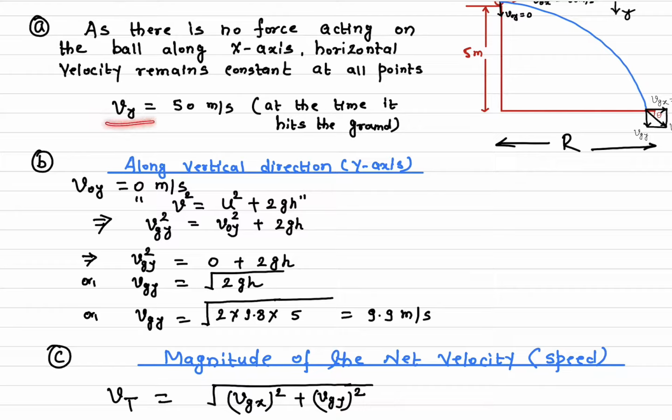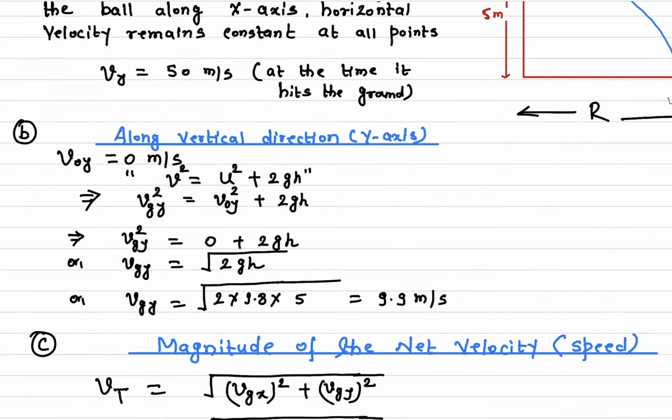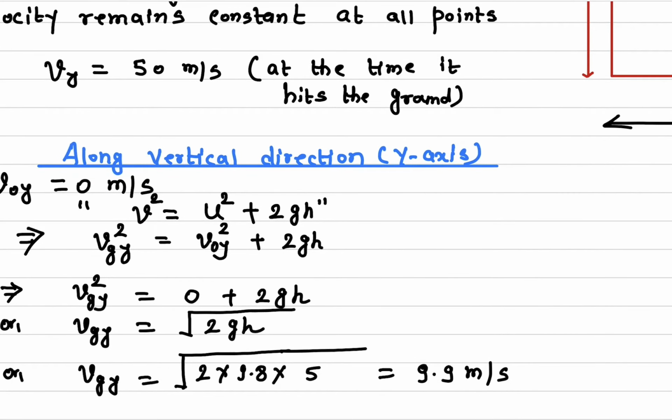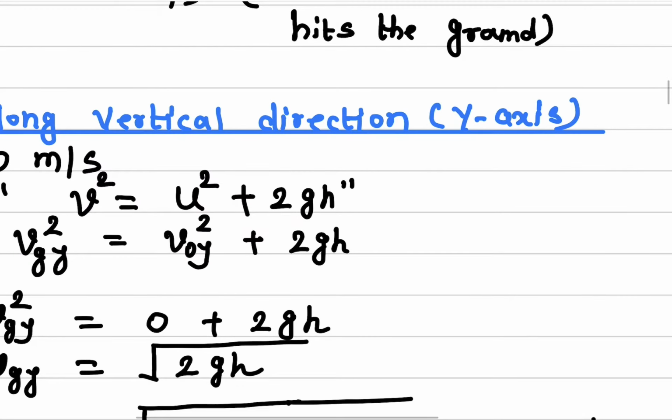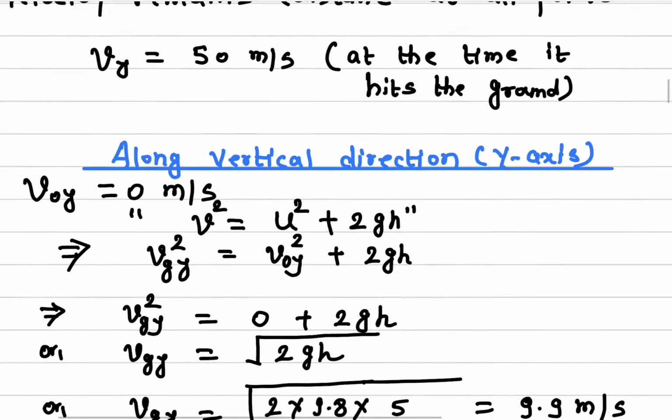This part is already done. Now along the y direction, what is the initial velocity? The initial velocity along the y direction is 0. Now we're going to use this formula: v squared equals u squared plus 2gh. The u stands for the initial velocity, and the v stands for the final velocity.